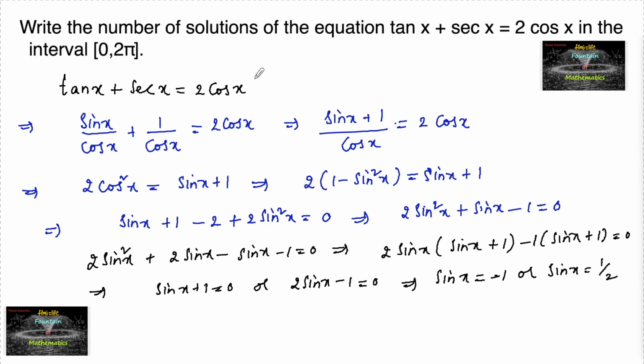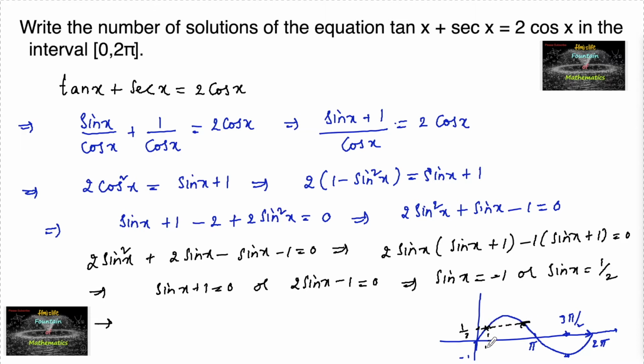Since it is given in the interval 0 to 2 pi, if you see the graph of sine from 0 to pi and again pi to 2 pi, we can see that the sine value is minus 1 here at 3 pi by 2, and sin x is equal to half we can obtain for two values here.